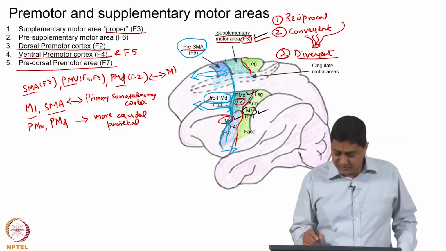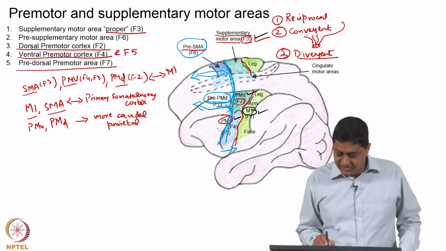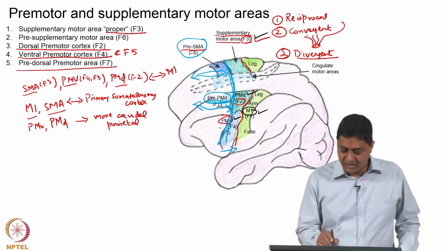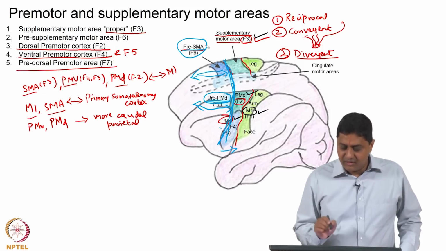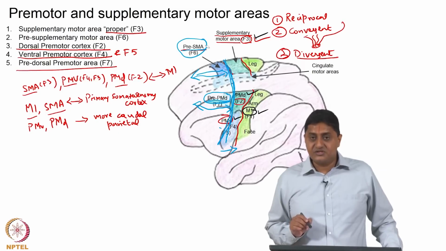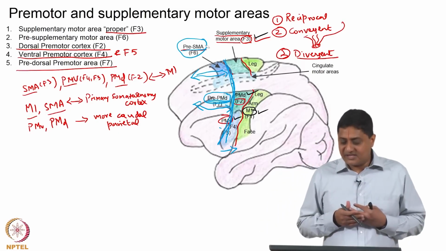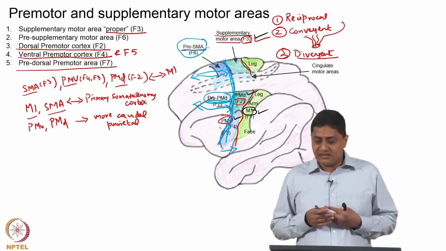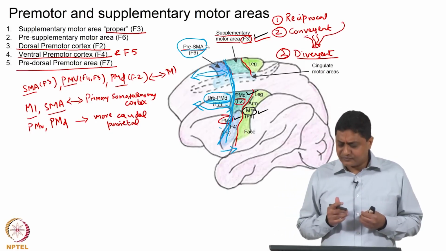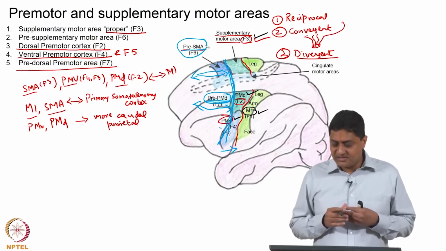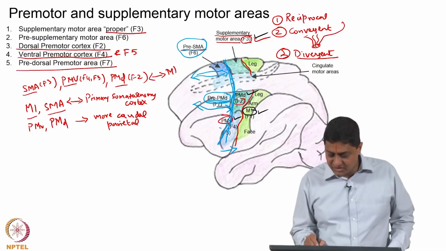So, this means the areas that are rostral within the premotor areas, which are these two, the pre-dorsal premotor area and the pre-supplementary motor area, define the context specificity of motor acts, whereas adjustments with respect to the sensory information are made by the dorsal premotor cortex, by the ventral premotor cortex and by the supplementary motor area.